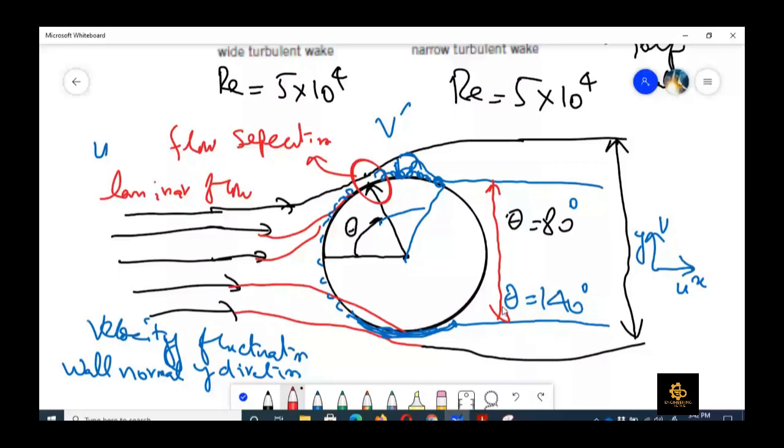Now we can explain another phenomenon from this figure: the phenomenon of reverse swing in a cricket ball. In reverse swing, if you remember, one side of the ball is kept shiny. In this case, the top surface we make shiny, so the boundary layer would separate at theta equal to 80 degrees on the top surface, but we make the other side rough, or keep it as it is.